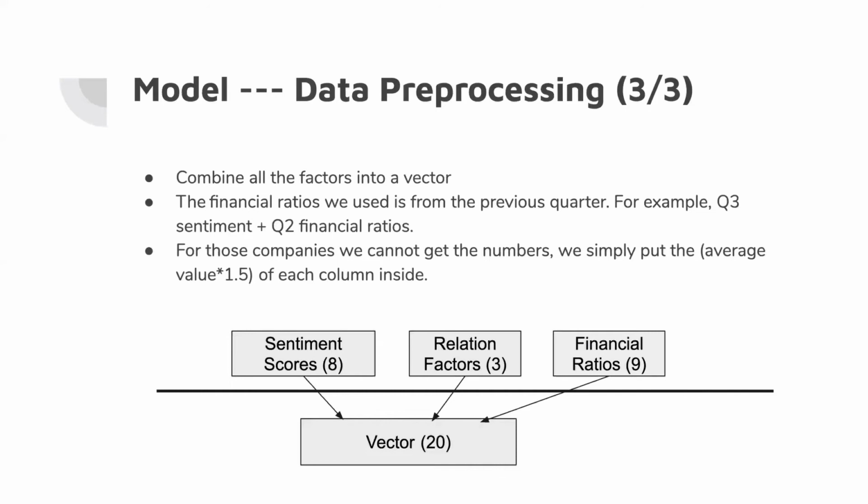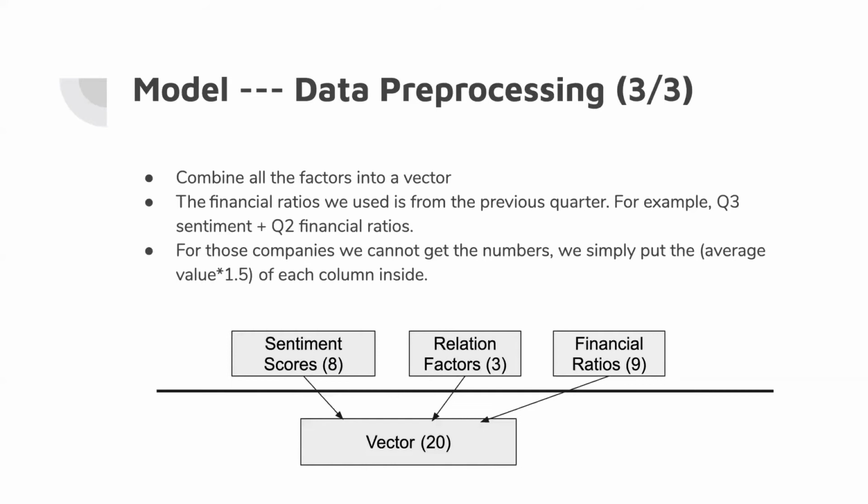There's another issue which happened while dealing with the vectors. We found that some companies are from other countries, or they simply don't show up in the open market, so we cannot get the financial statements of these companies. With this in mind, we use a workaround.